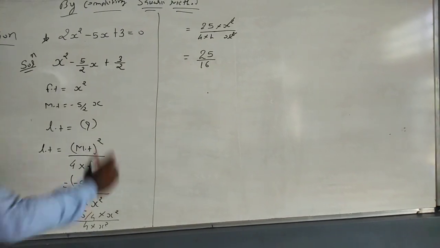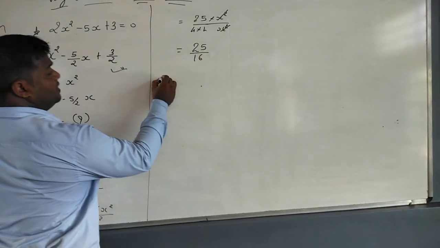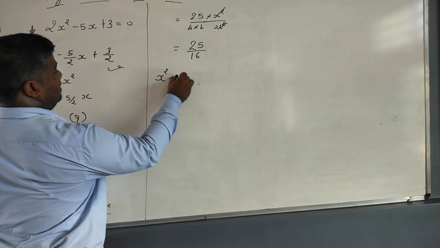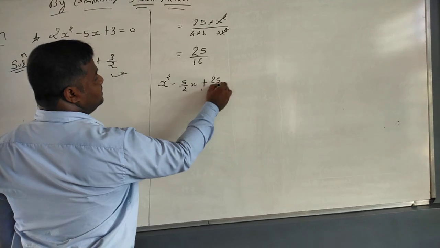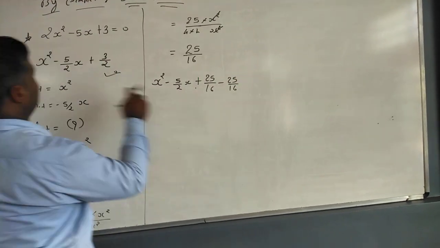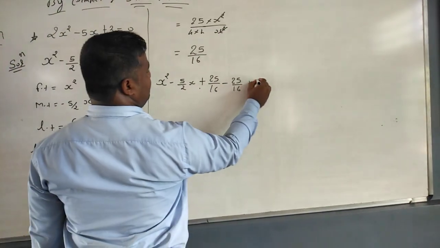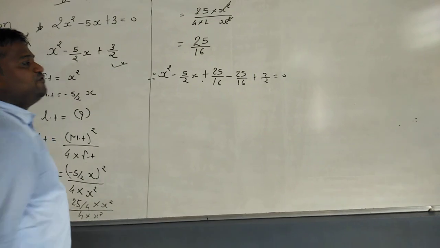Now you have to just move to the original equation. That is x square minus 5 by 2 x. Add this, subtract this, and what remains? Plus 3 by 2 is equal to 0. Here you put the therefore sign.